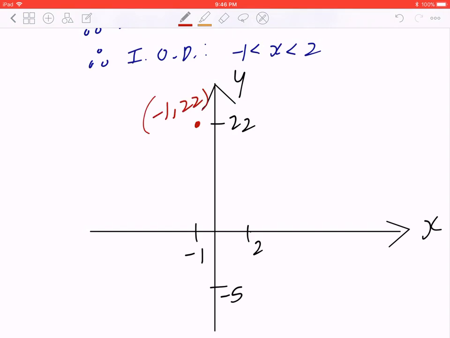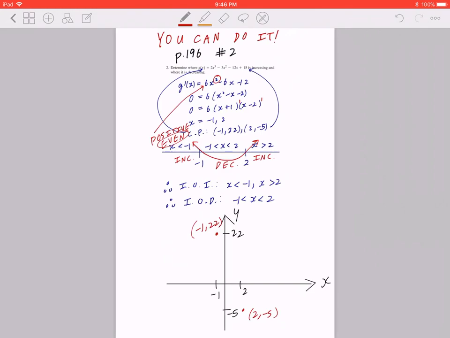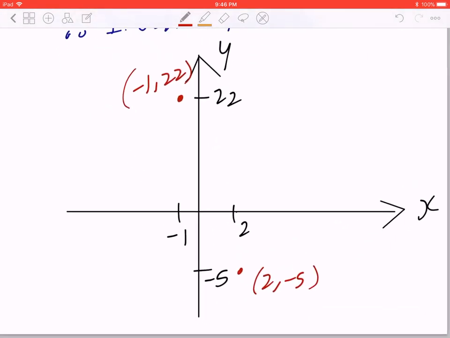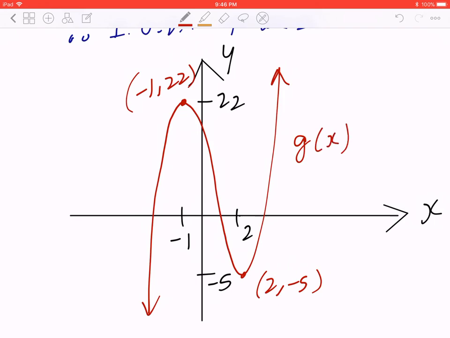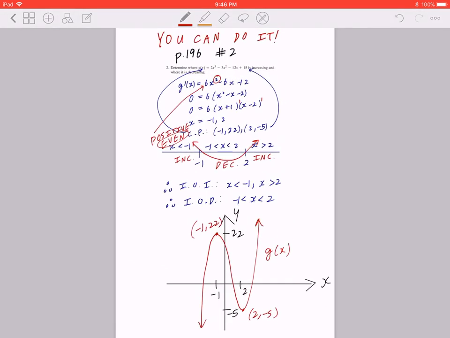The other critical point is going to be 2, negative 5. And again, the fact that it's increasing, decreasing, increasing, the graph will look something similar to this. We haven't talked about concavity. I haven't given you all the techniques, but that's what the graph looks like.